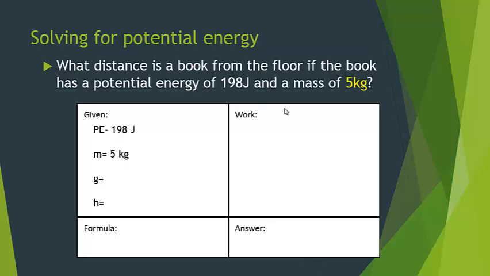And remember, I told us what our gravitational constant for Earth was, 9.8 meters per second squared, so we're going to plug that in. Don't worry, you guys will get this constant on the formula chart for the exam, but it's a good bit of information to know. You'll see it quite often. And then it's asking what distance is a book from the floor, so we're looking for our height.